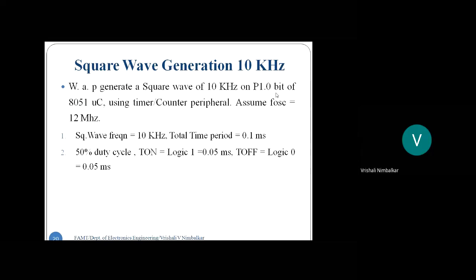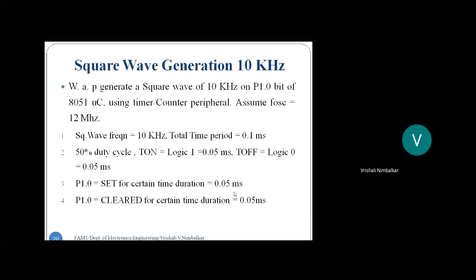So how do we obtain the square wave? We will set the P1.0 bit for a certain time duration, and how much is that? Half of the total time, that is 0.05 millisecond.